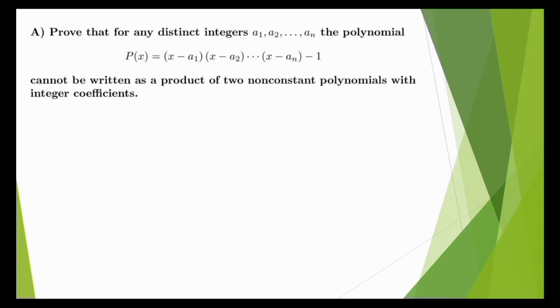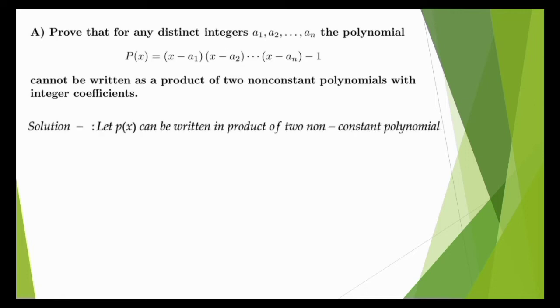For solving this problem, I'm going to use the method of contradiction. So let p of x be written in the form of a product of two non-constant polynomials. This simply implies p of x equals g of x times h of x, where g and h are non-constant polynomials with integer coefficients.